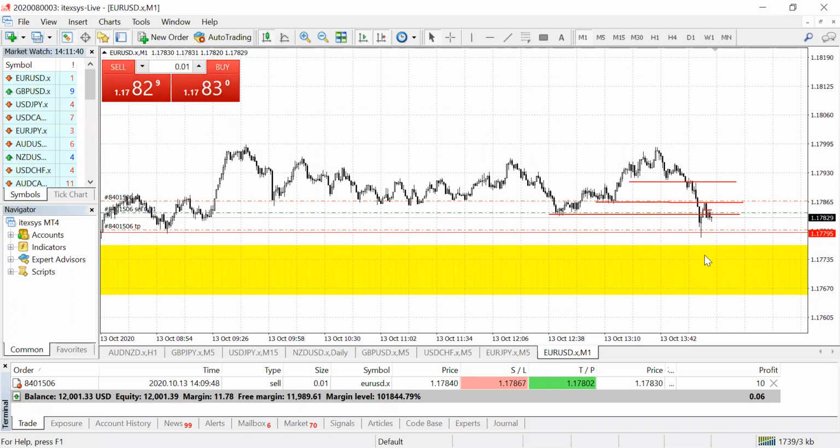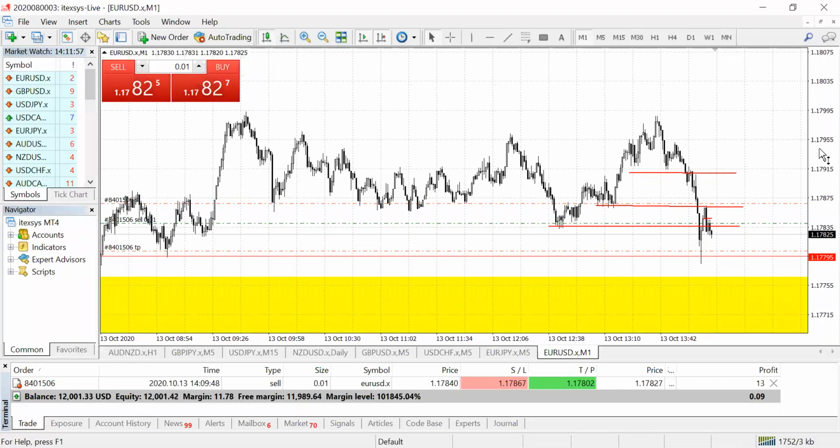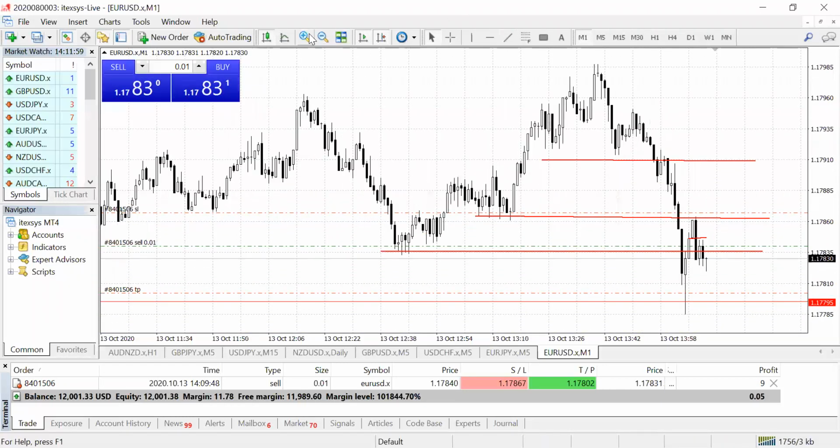But I don't know if today we are going to keep moving down because of this demand area we just drew. I'm not sure, based on the 1-minute chart and 5-minute chart, if we're going to go through all this demand area. So let's see how this develops.